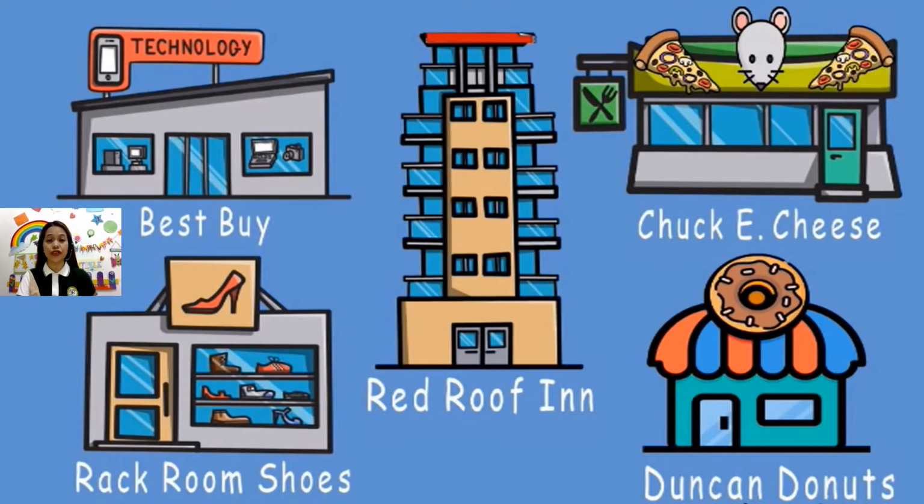So, alliteration is not only used in literary works, but also in many different stores or hotels that we have. For example, Best Buy, Chuck E. Cheese, Red Roof Inn, Rack Room Shoes, and Dunkin' Donuts. Okay?